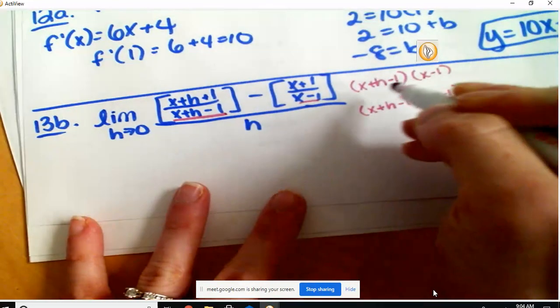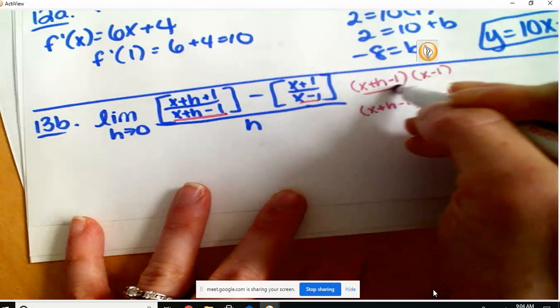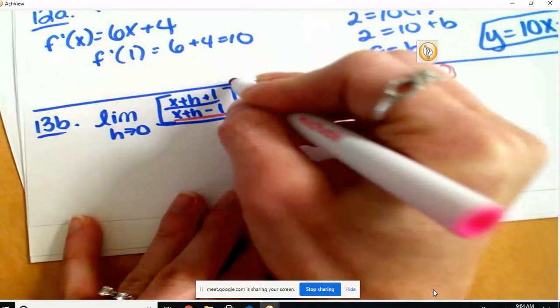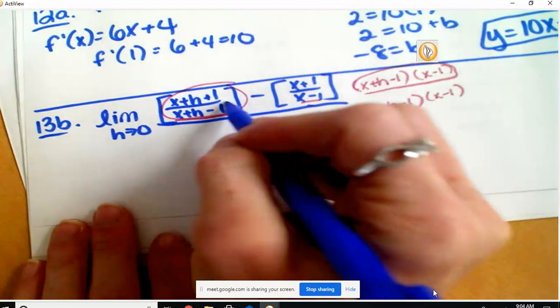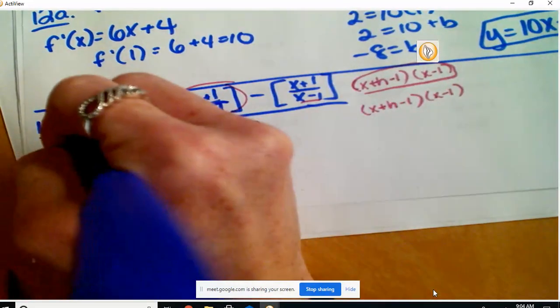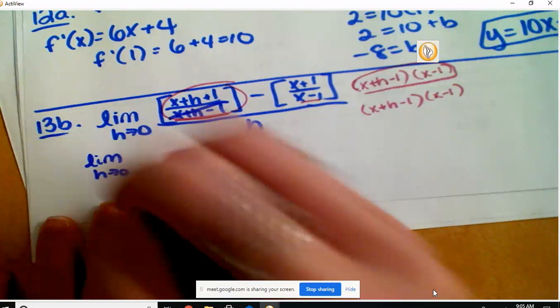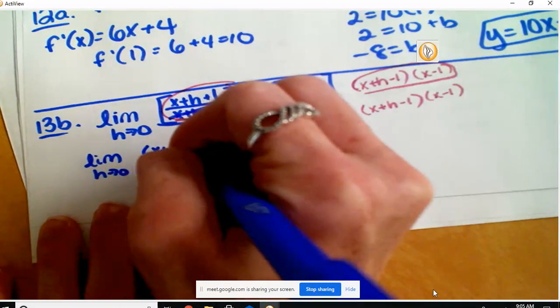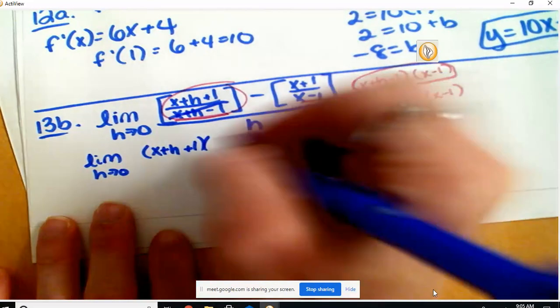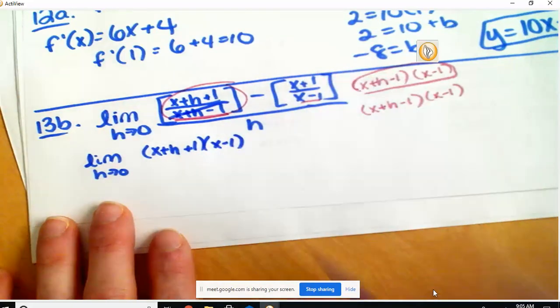Alright, so then when you take this times your first term, what happens? The denominator cancels. So I've got the limit as h approaches 0. I'm left with my x plus h plus 1 times just the x minus 1, because the other part canceled out.